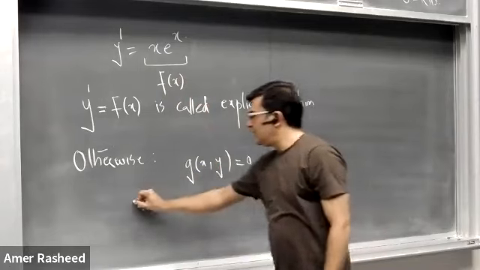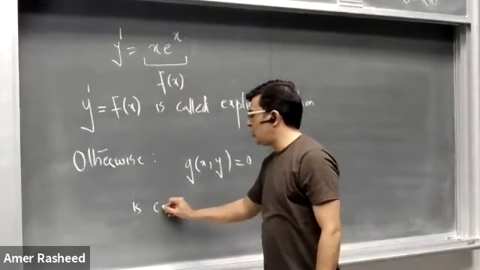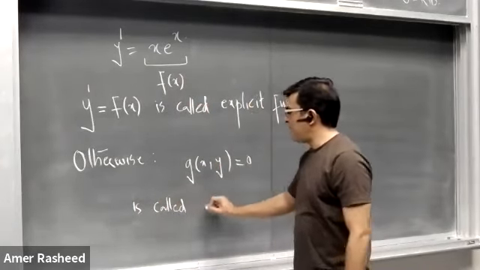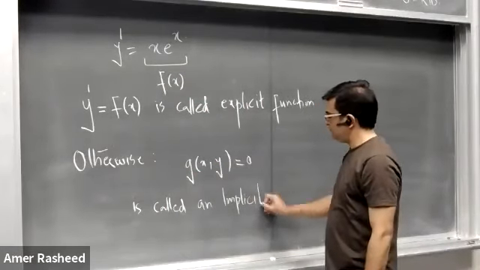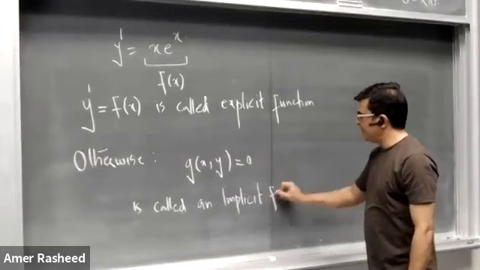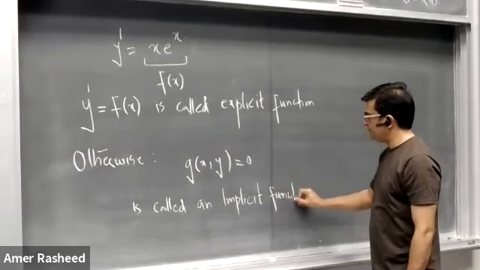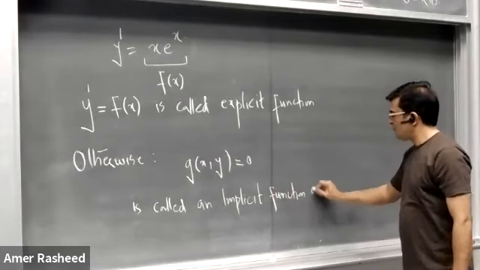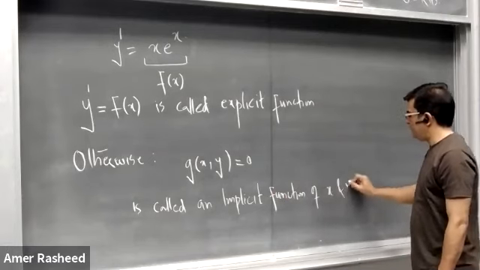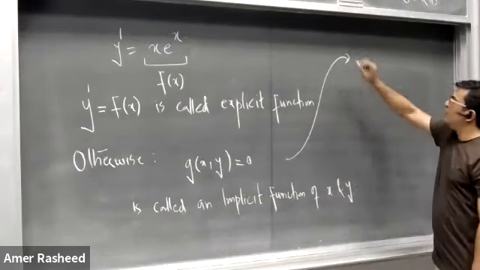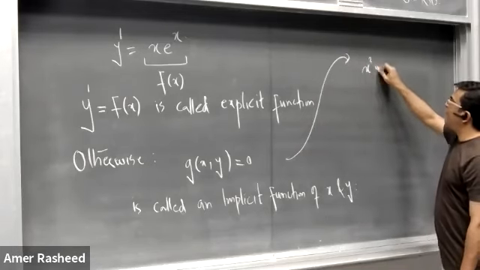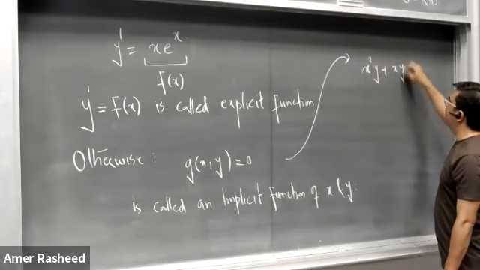This is called an implicit function of x and y. An example of this is x square y plus x y square.